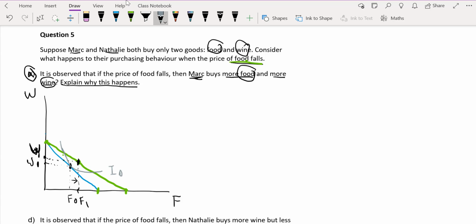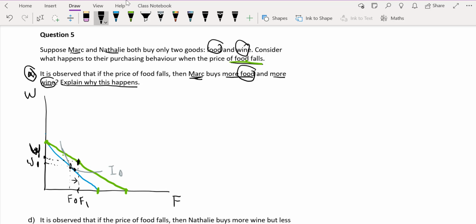Essentially, Mark tries to buy more food relative to wine initially. So there is a substitution effect. So we will have a movement along the I0 curve, substituting some wine away with food, because food is cheaper now.